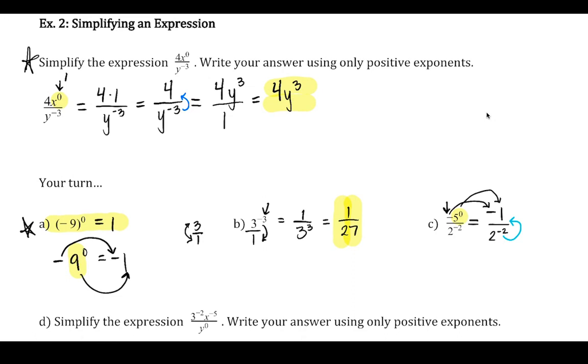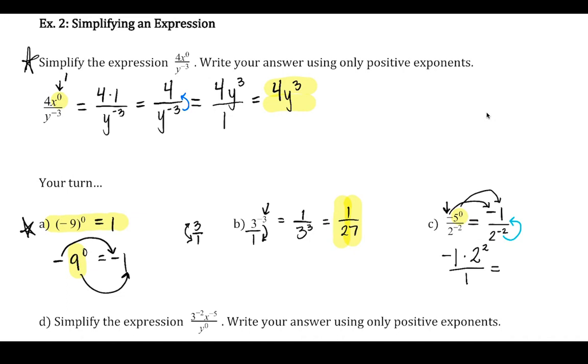My numerator, that negative 1 stays up there, and then the 2 to the negative 2 power moves on top, but it becomes 2 to the positive 2, or 2 squared. Now there's nothing left in the denominator, so it's over 1. But we don't have to include that in our final answer.